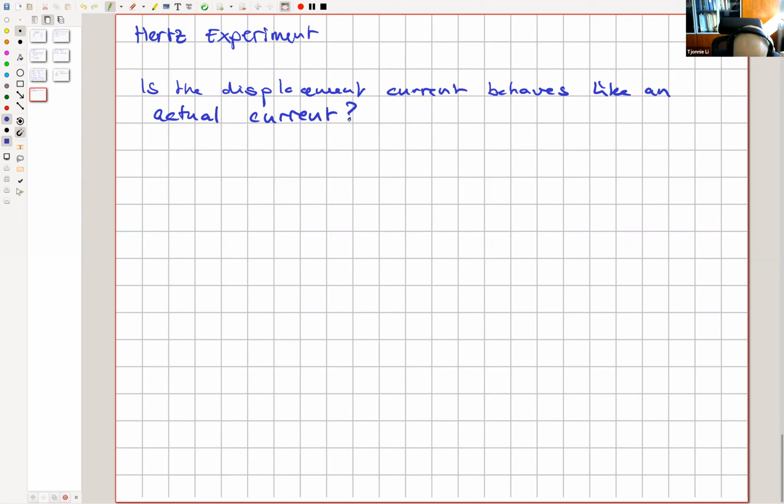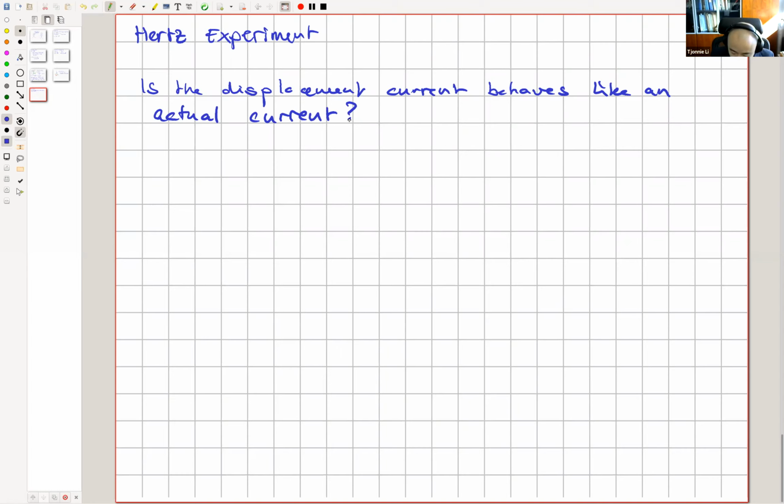But that is the historical part. Still, it is an important question to ask: is this displacement current actually giving you the same physical phenomena as an actual current? And in order to at least test this hypothesis, Hertz devised a series of experiments which ultimately led to the confirmation of electromagnetic waves. So let's see what he actually did.